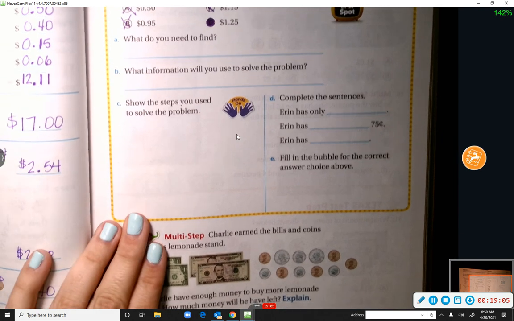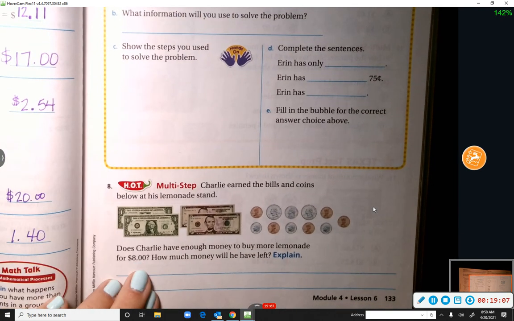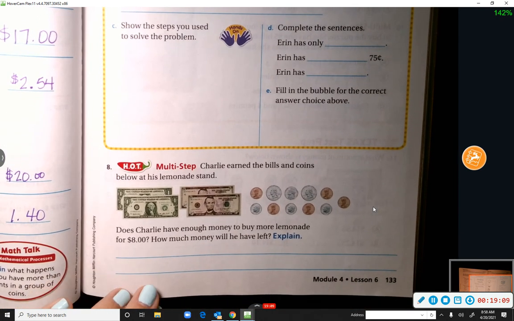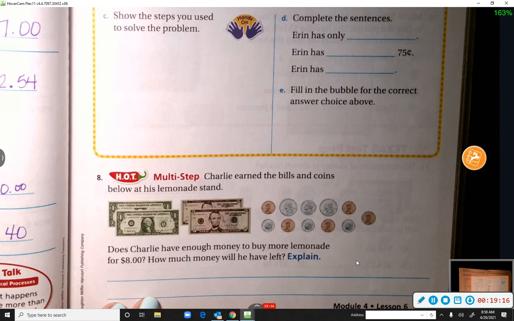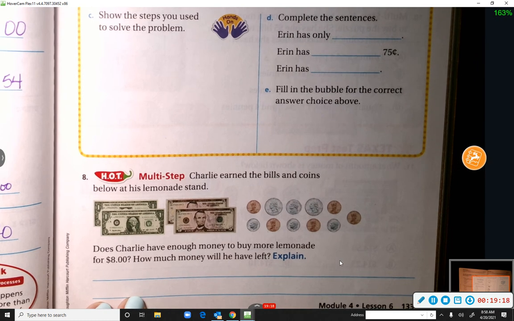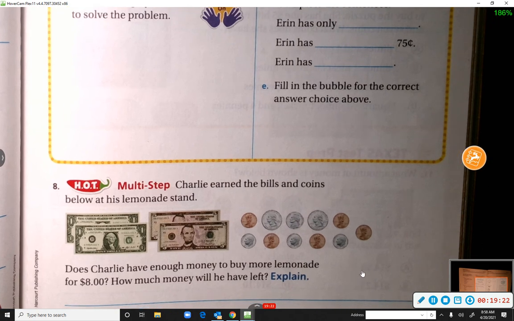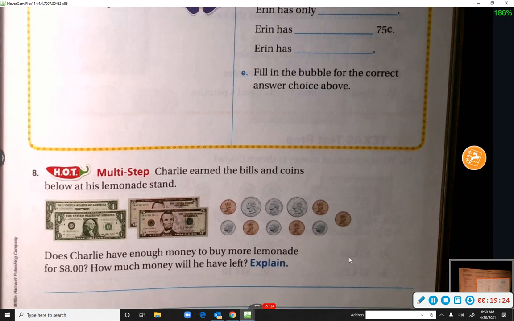Number 8. Charlie earned the bills and coins below at his lemonade stand. Does Charlie have enough money to buy more lemonade for $8? How much money will he have left? Okay. Well, first, all I want you guys to do is add up the amount of money that Charlie has.